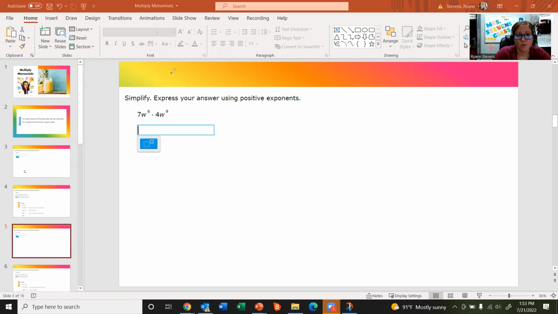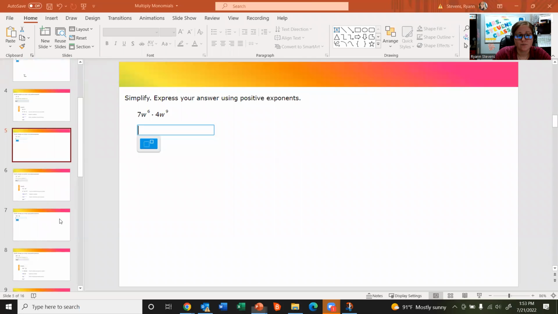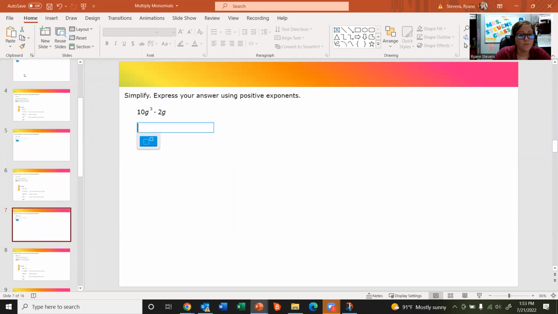Let's try another one. So again, we're going to simplify, express your answer using positive exponents. We have 10g cubed times 2g. So we want to group those coefficients together.